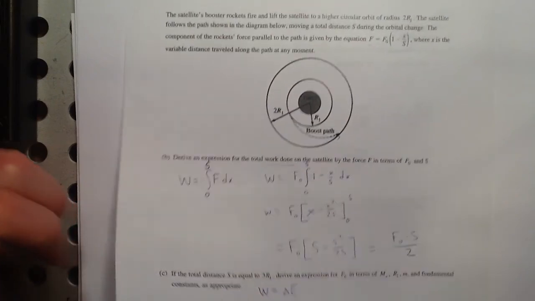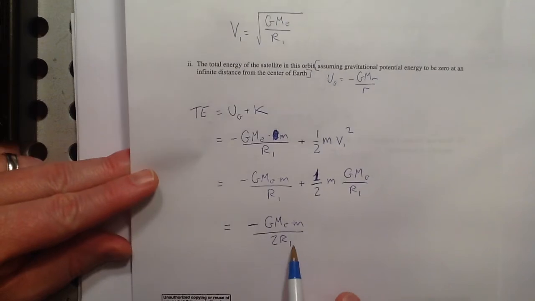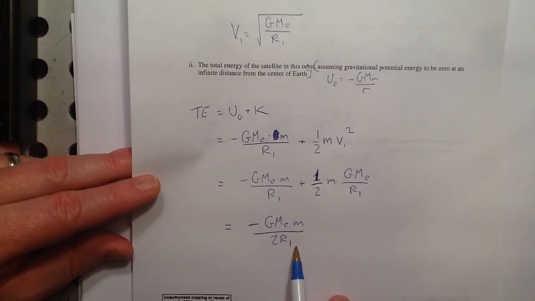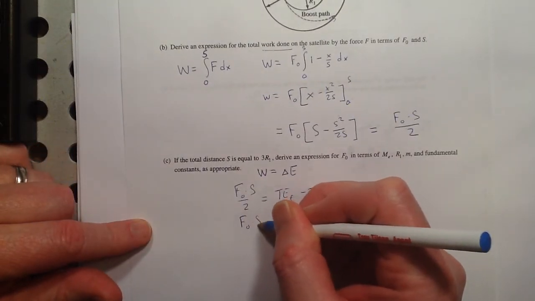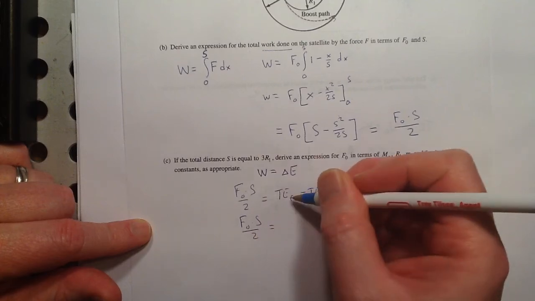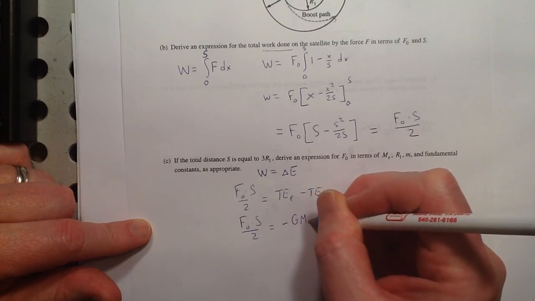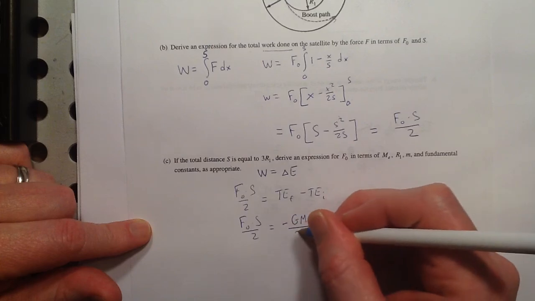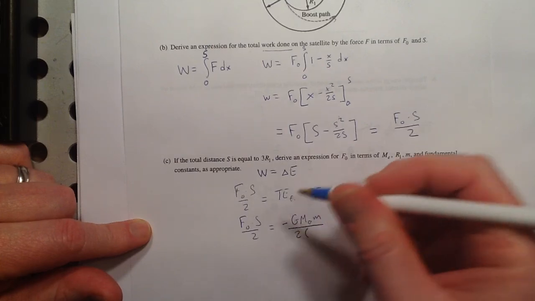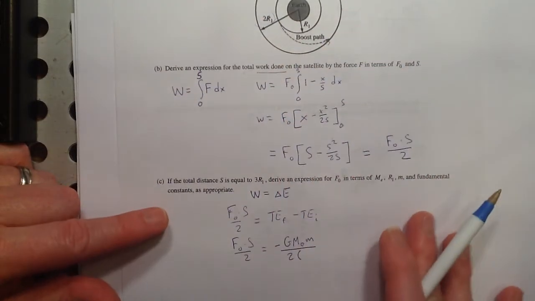And we actually found an expression for total energy here, didn't we? So we can use that. So the final total energy is negative G, mass of Earth, mass of satellite, over 2 times the final r, which is this, the 2r1.